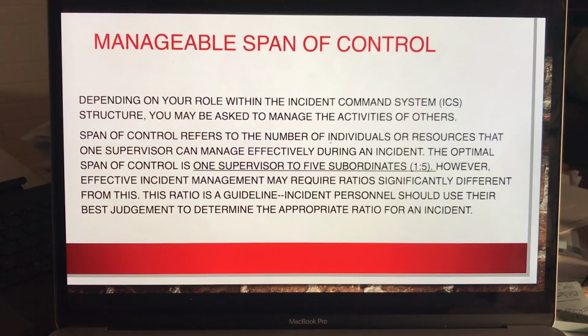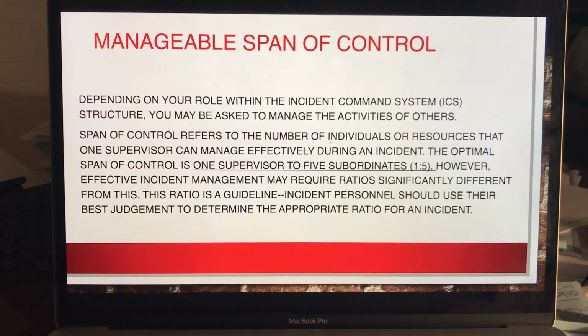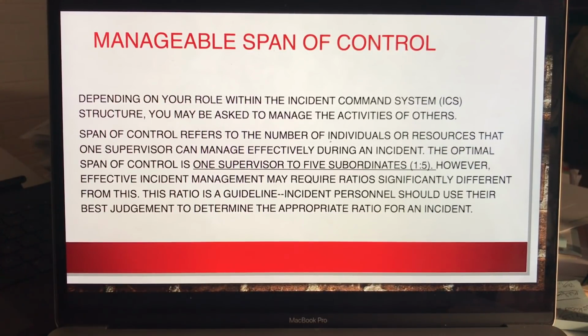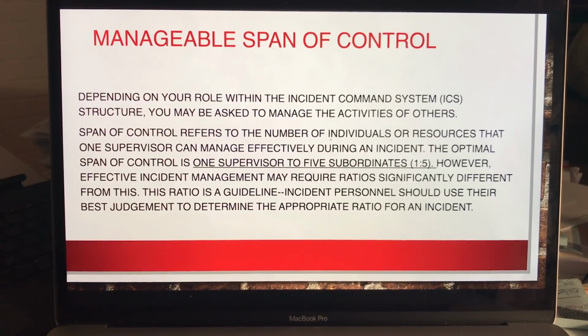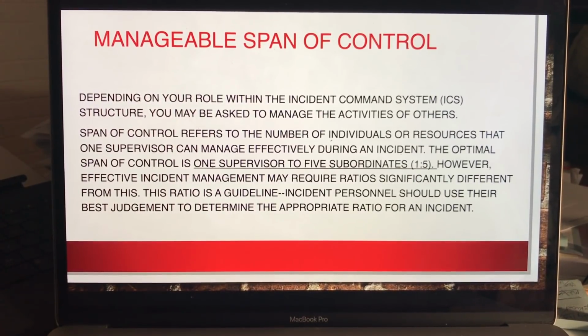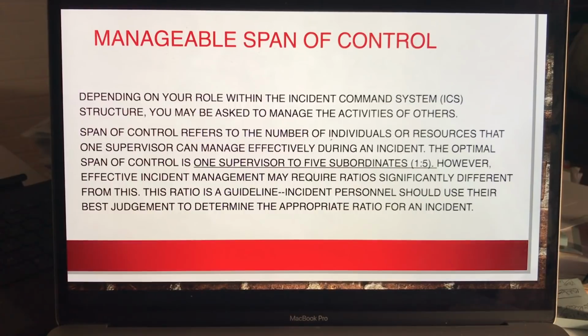The optimal span of control is one supervisor to 5 subordinates. However, effective incident management may require ratios significantly different from this. This ratio is a guideline. Incident personnel should use their best judgment to determine the appropriate ratio for an incident.